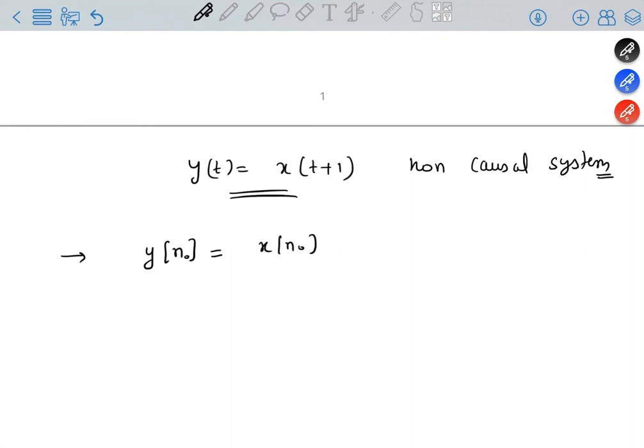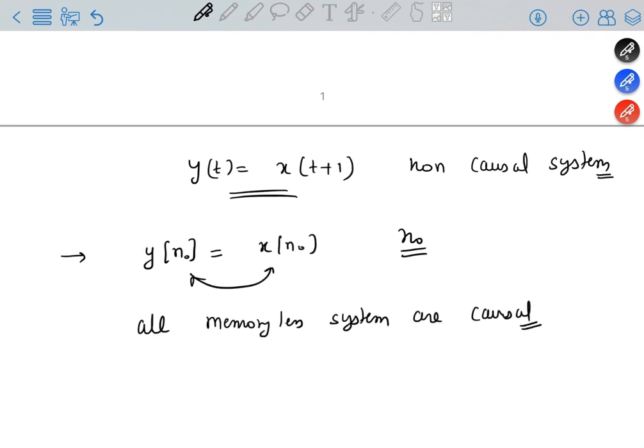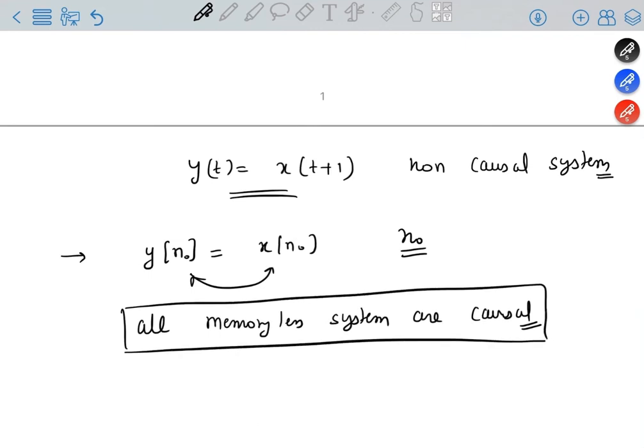Suppose we are taking the output of a system at a timestamp of n naught, it will only be dependent on the present timestamp of n naught. So that's why all memoryless systems are causal. So this can be generalized. And similarly, we can say that a system with memory can be non-causal.